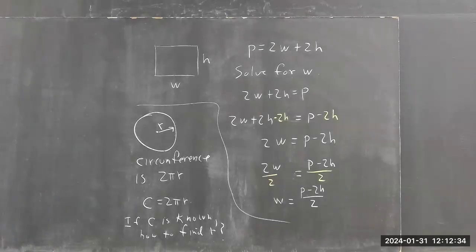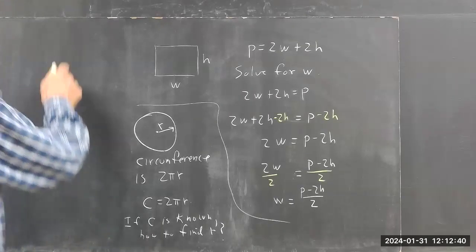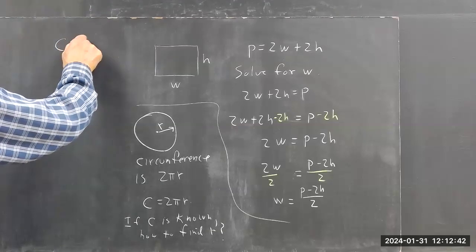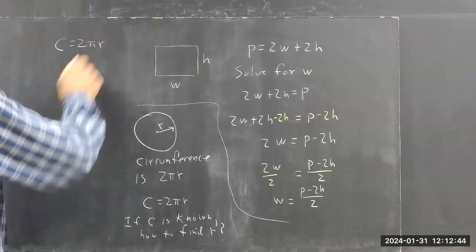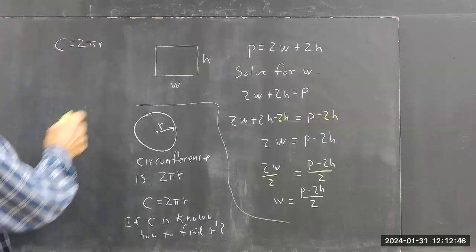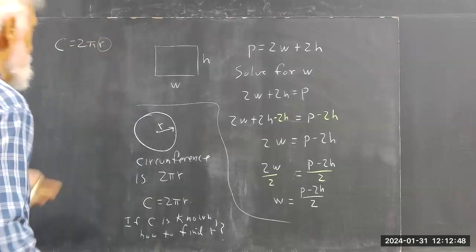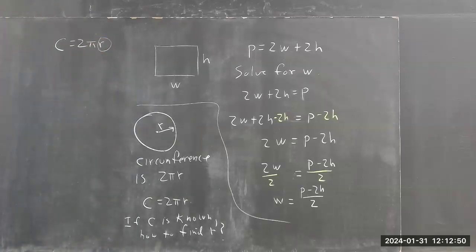Well, C equals 2 pi R is a perfectly good equation. So I write C equals 2 pi R, and then maybe I kind of target R, a little circle around R. That's what we're trying to isolate, right? So what could I do to get R by itself?